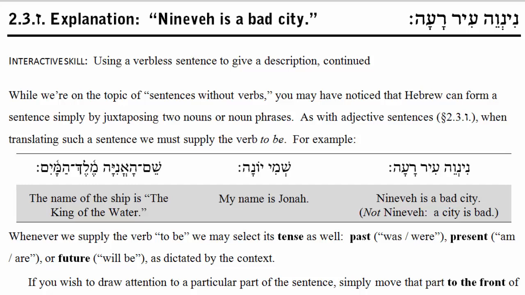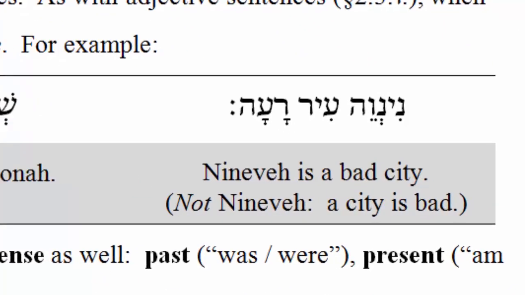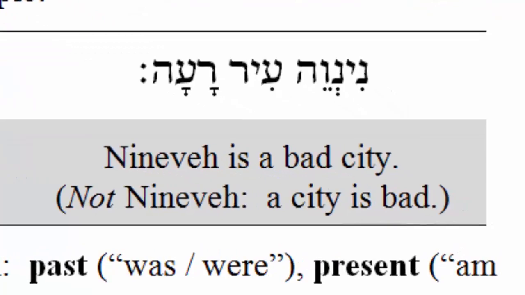So consider these sentences, again starting on the right. Nineveh, ir ra'ah. Nineveh, city bad. Literally, Nineveh, a bad city. We are expected then to understand that the speaker or writer is saying Nineveh is a bad or wicked city.